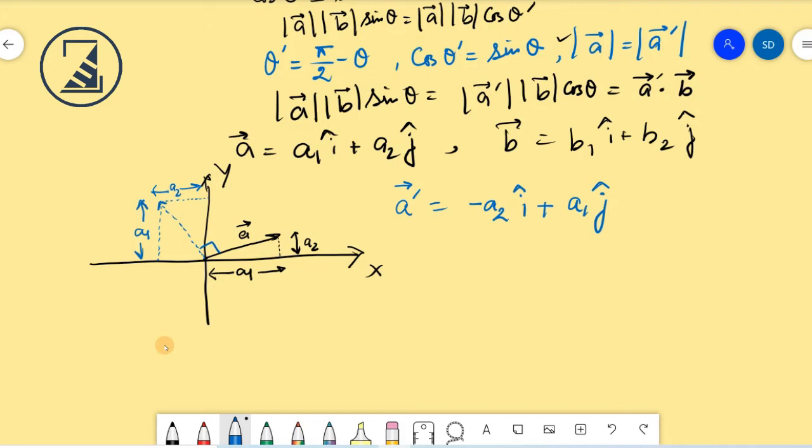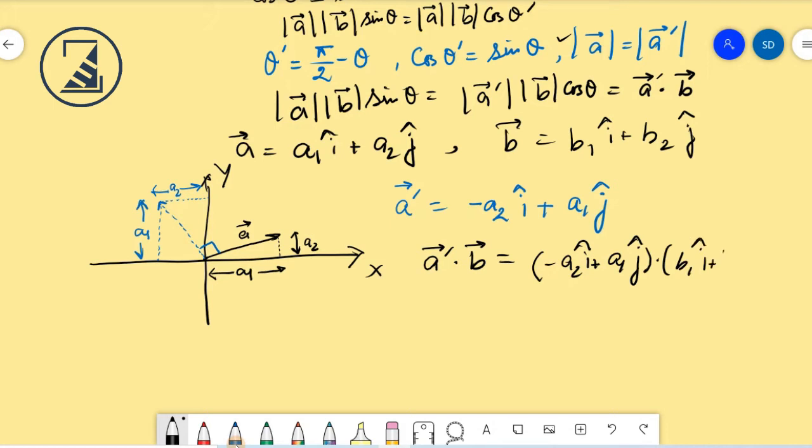So this a prime is perpendicular to a vector. Now we can find the area. Actually, area we are finding is a prime dot b, which is nothing but minus a2 i cap plus a1 j cap dot b1 i cap plus b2 j cap.